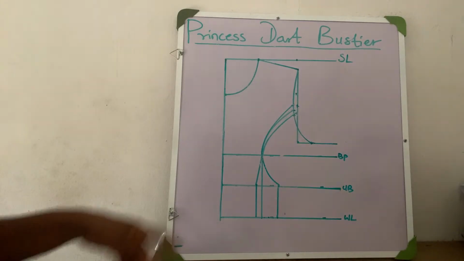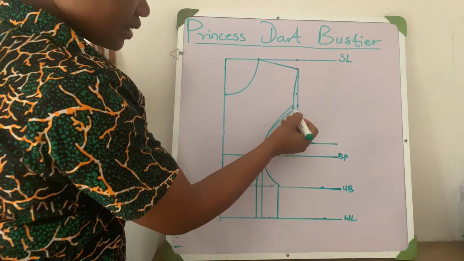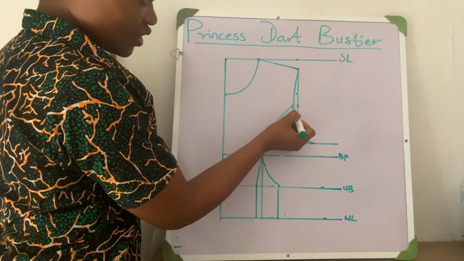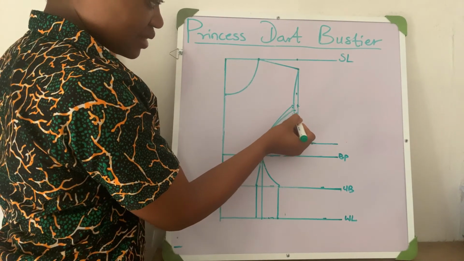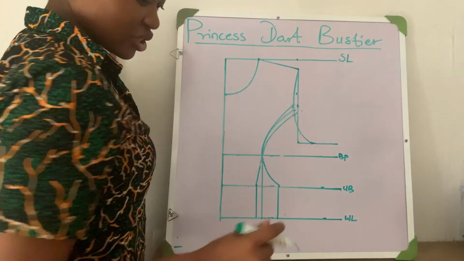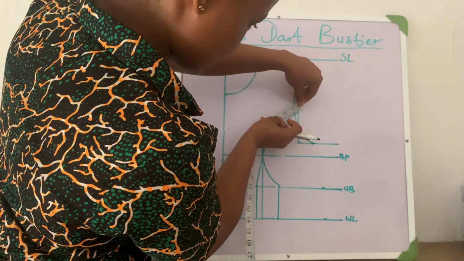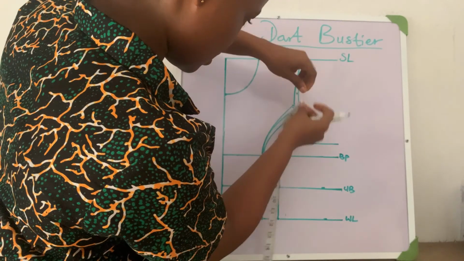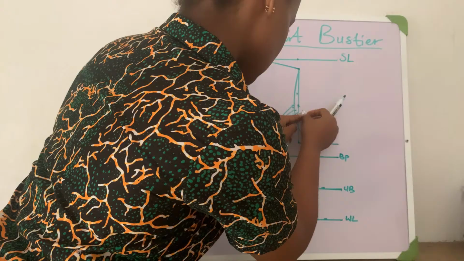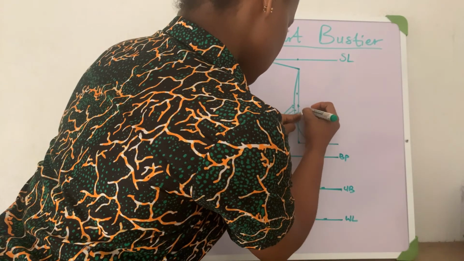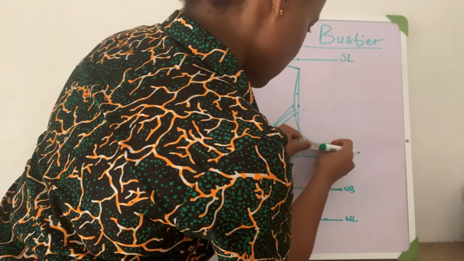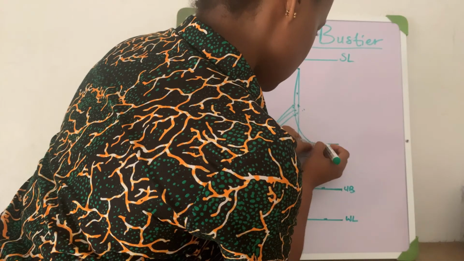Then the next thing to do is to extend this line. Since we moved 1/2 inch at this point, we extend this line by 1 inch. We took away 1 inch from here, so we place it at this point with 1 inch. Then also replace it here with 1 inch.